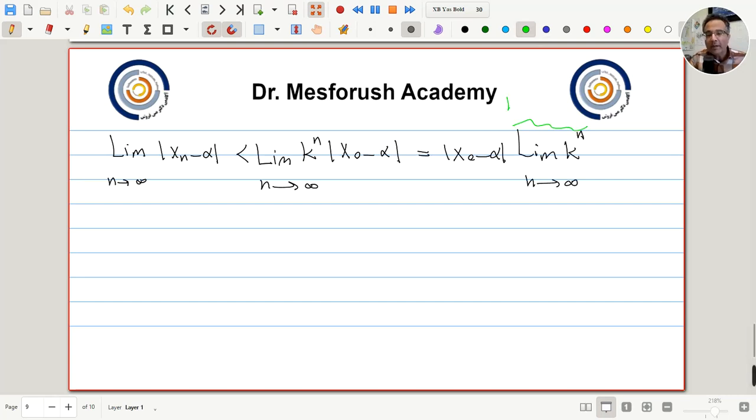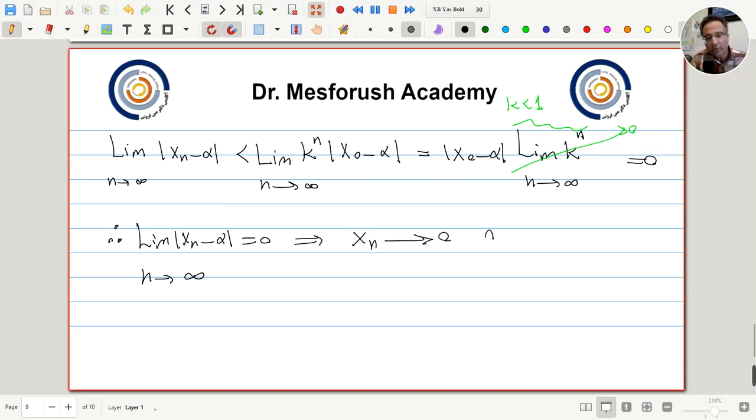But here k is less than 1, so the limit of k^n goes to 0, and the right hand side will be 0. Okay, so we get limit of absolute value of x_n minus alpha equal to 0 when n goes to infinity, and this gives x_n goes to alpha as n goes to infinity, and this completes the proof of the problem.